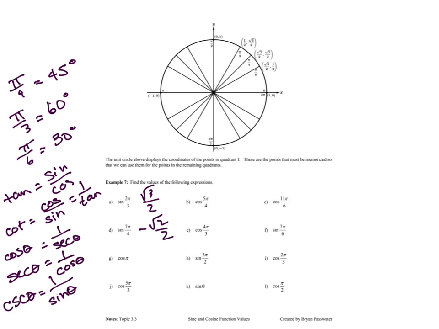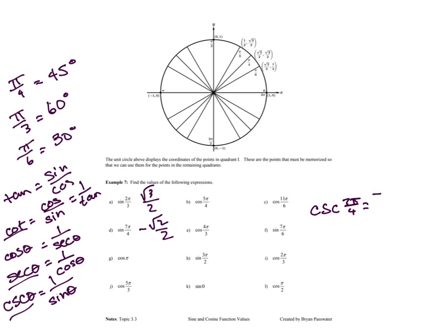So these three values, cotangent and secant and cosecant, are going to come up on that unit circle circuit. You got to know reciprocal values, okay? So if, for instance, this is 7 pi over 4, sine of 7 pi over 4. If it said cosecant of 7 pi over 4, you know sine of 7 pi over 4 is negative square root 2 over 2.